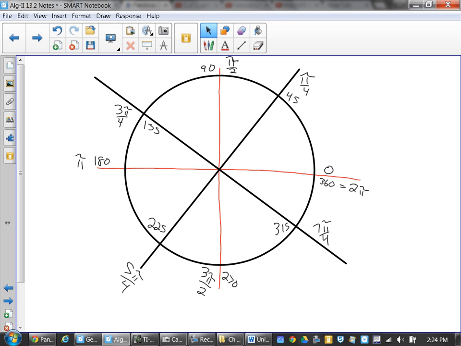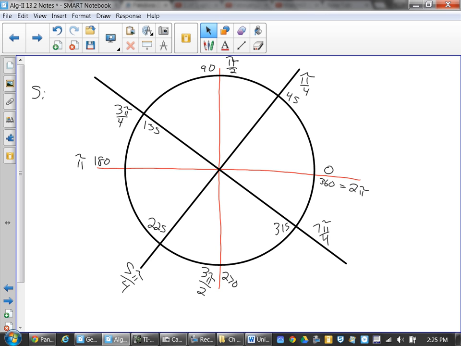Notice, all we've done here is cut the circle into fourths. Each one of these 4 angles has the same reference angle, don't they? Every one of those has the same reference angle. If the reference angle at 45 degrees is pi over 4, let's just say this for fun.